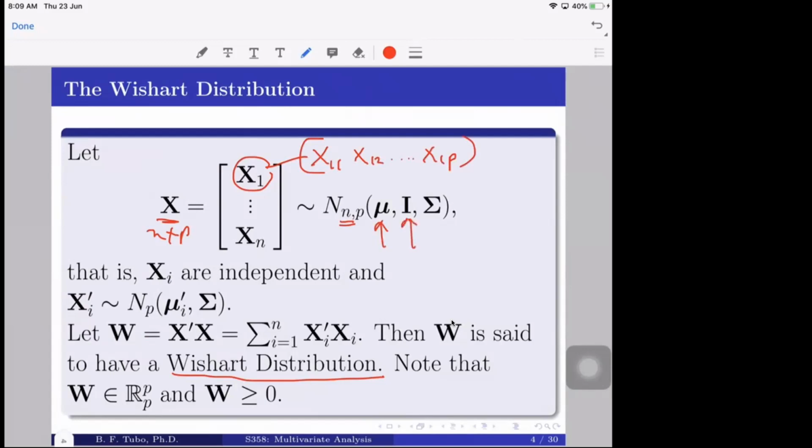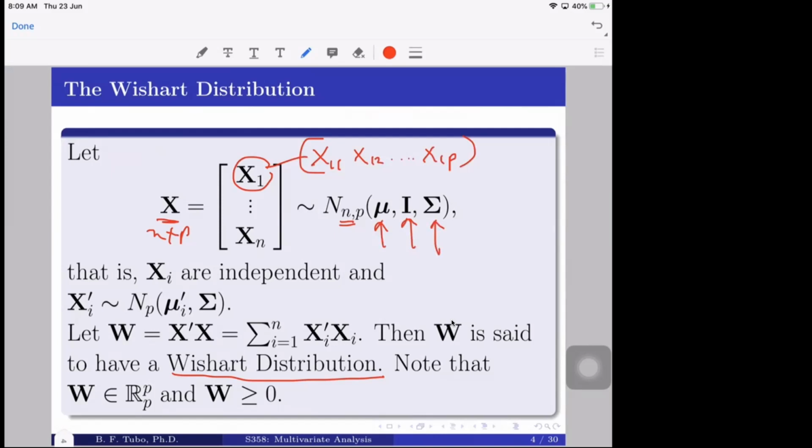The psi, or the covariances among the rows, will just be the identity matrix, and sigma will be the covariances among the columns, the column variables.